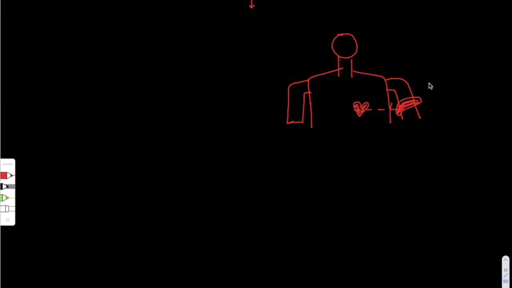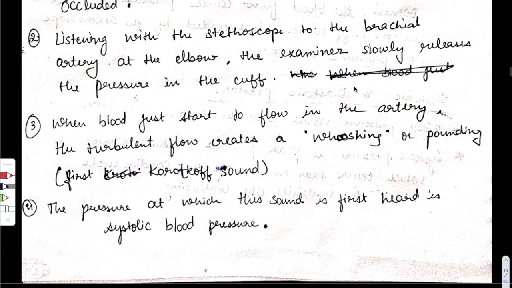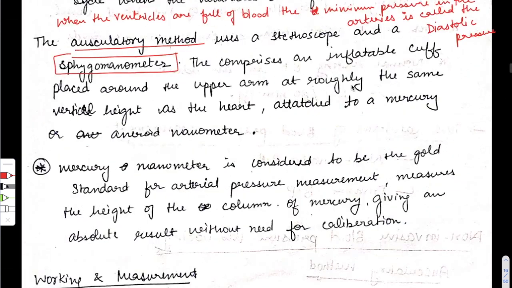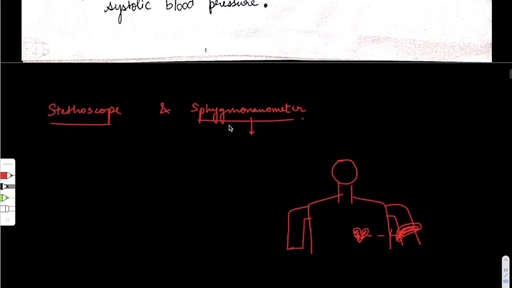It comprises an inflatable cuff. Inflatable cuff means a cuff into which we can pump some air, placed around the upper arm at roughly the same vertical height as the heart, attached to a mercury or an aneroid manometer.